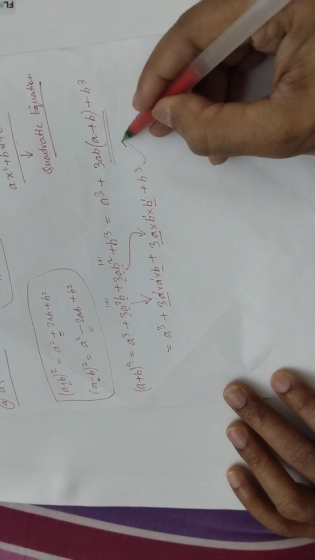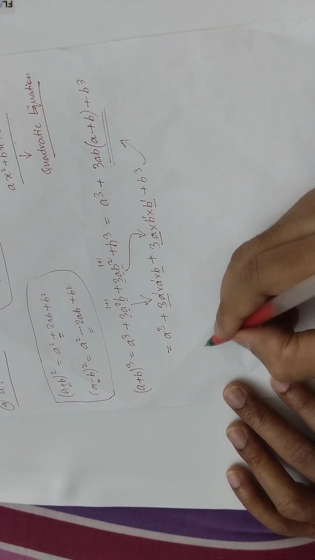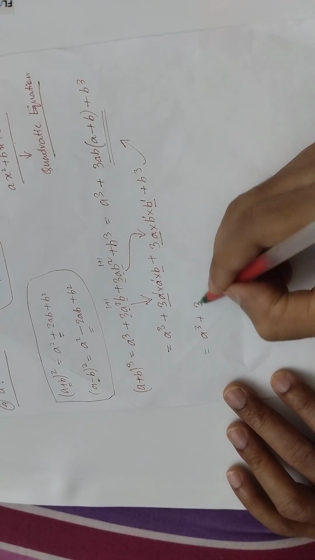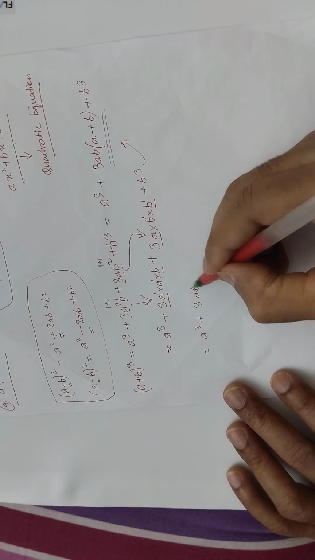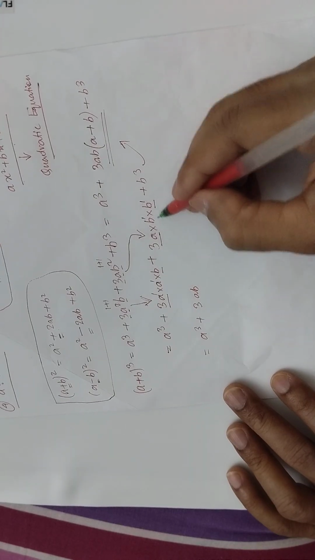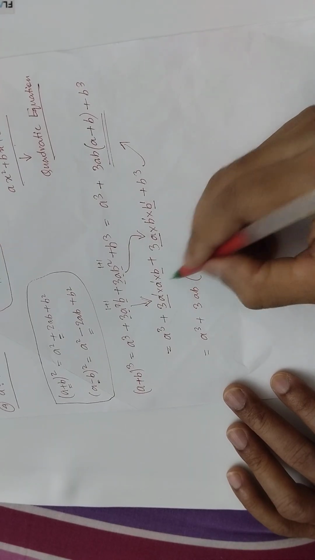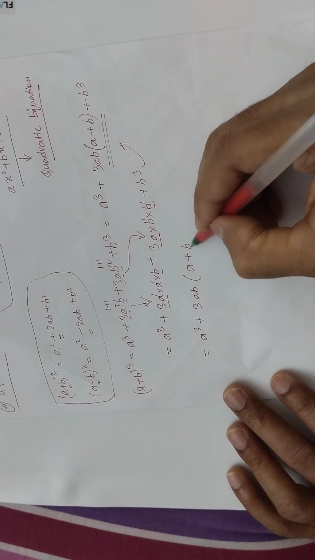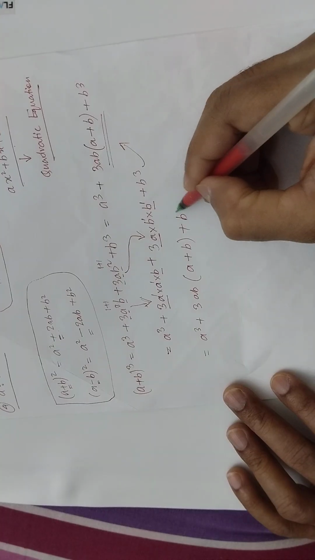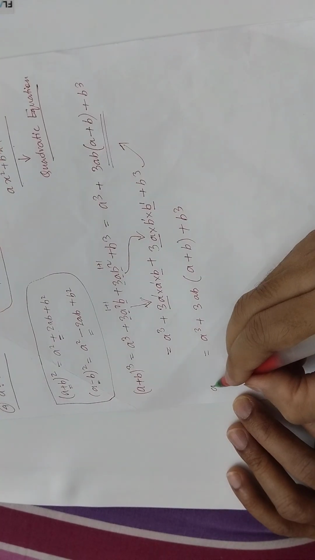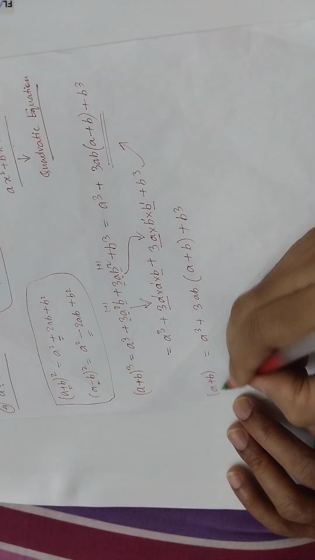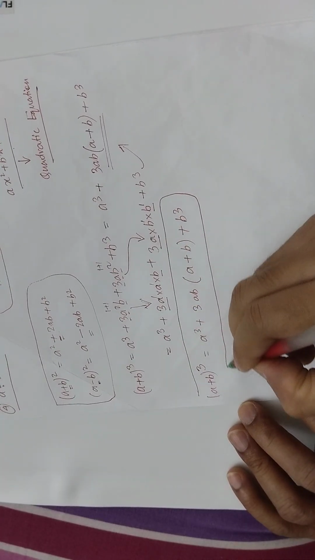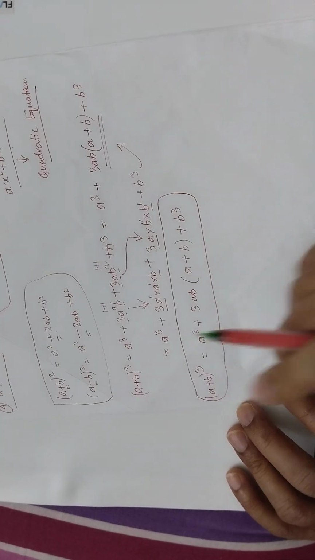I get the same stuff that I wrote at the end here, which in the shorter form can be written as a cube plus 3ab times (a plus b) plus b cube. This is the situation in (a plus b) cube.